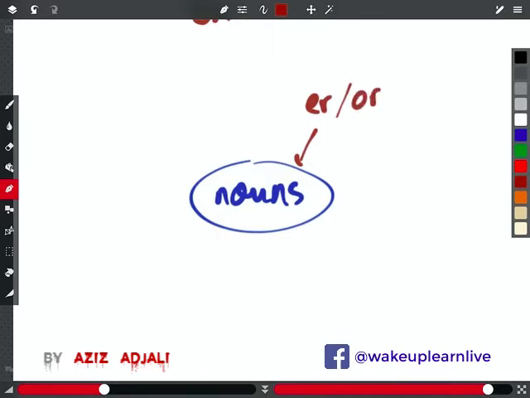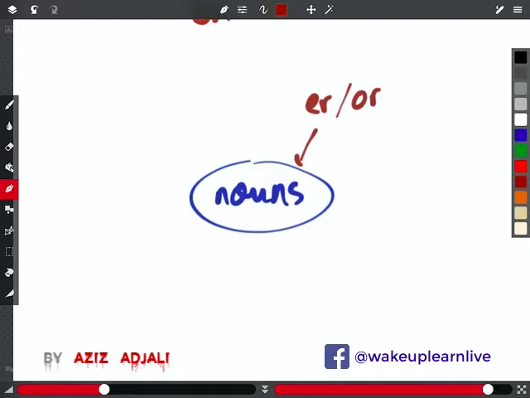For example, to write, writer. Writer is the person who makes the writing, so it becomes a noun. Okay. Sail, sailor. Act, actor. Worker, employer, eater, founder, developer. So all of these, they are derivations of the stem into a noun.